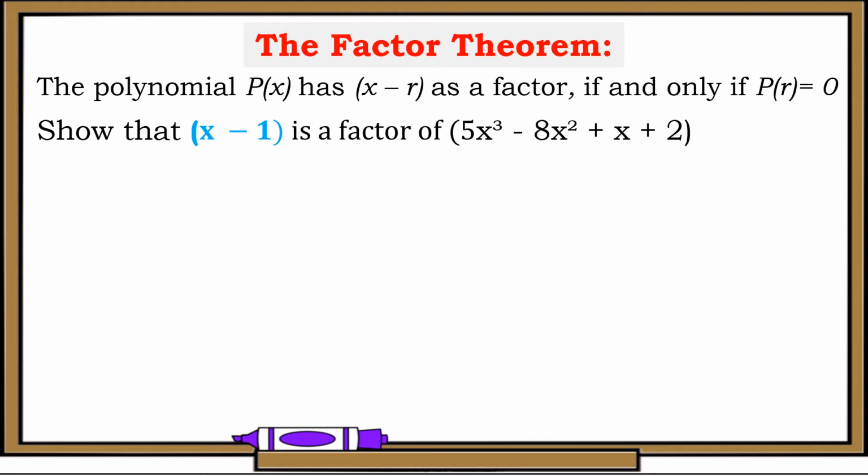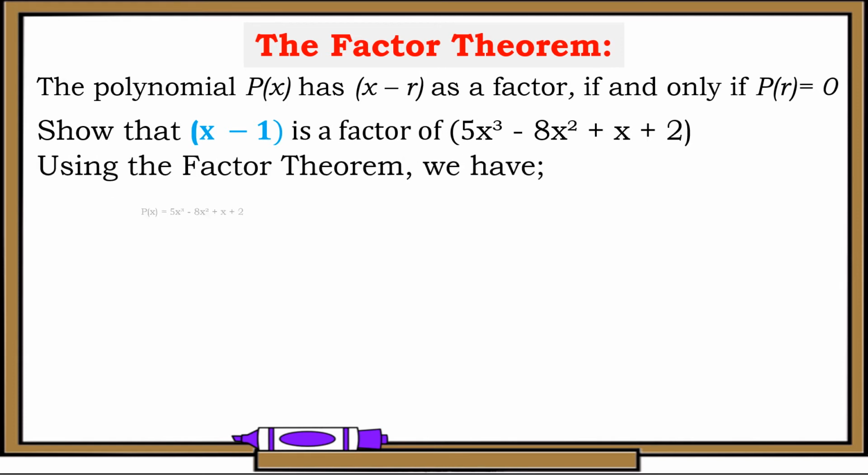Show that x minus 1 is a factor of 5x cubed minus 8x squared plus x plus 2. So, gagamitin din natin yung same process na ginawa natin sa remainder theorem. Using the factor theorem, we have P of x is equal to 5x cubed minus 8x squared plus x plus 2.